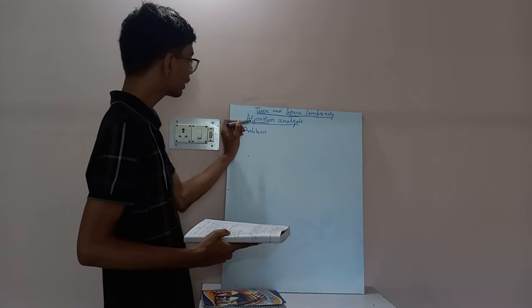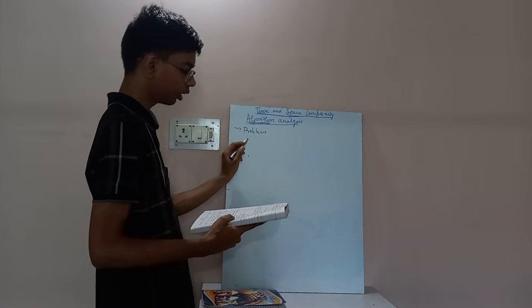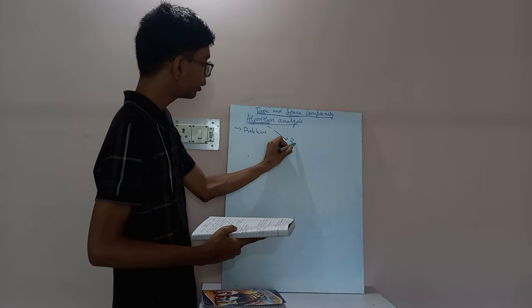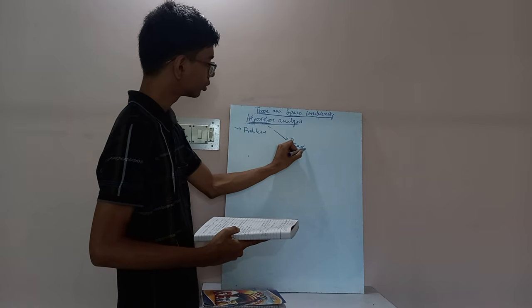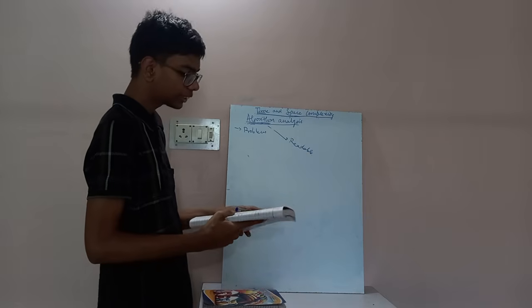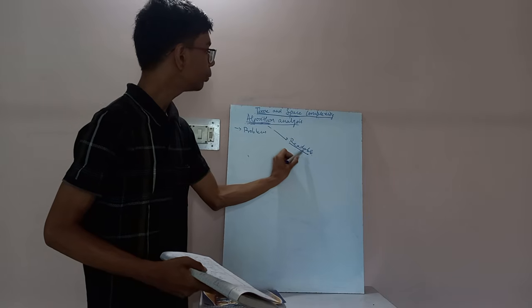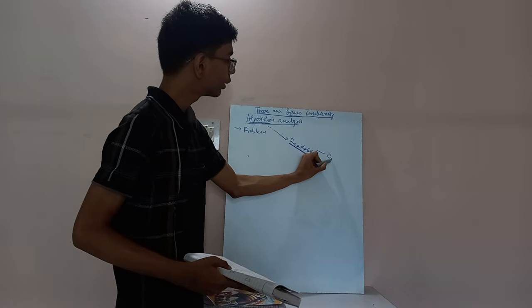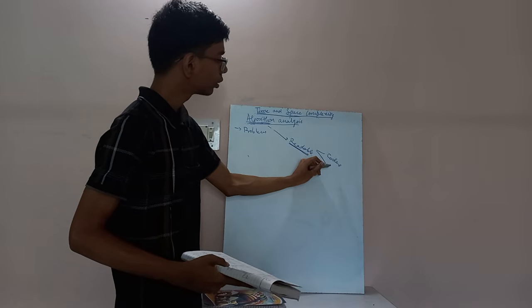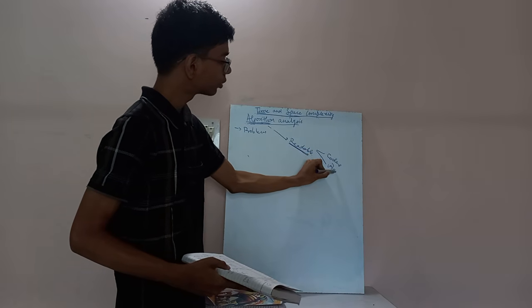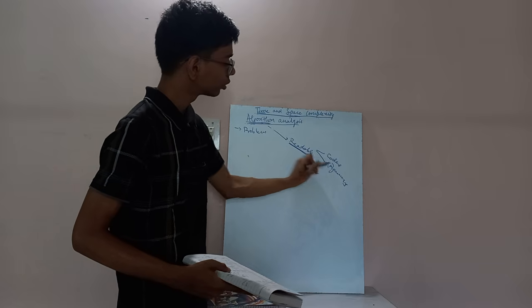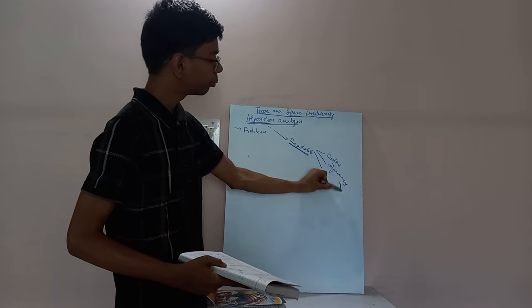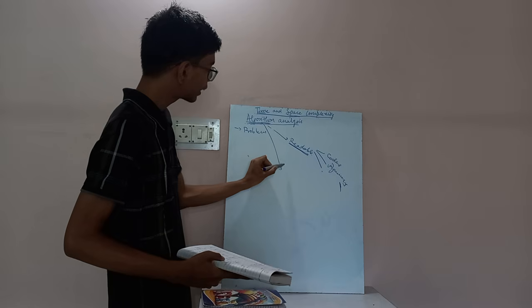So, when selecting an algorithm, the code should be readable. It means it should be able to be read by all types of coders or programmers of big companies, and it should be scalable.